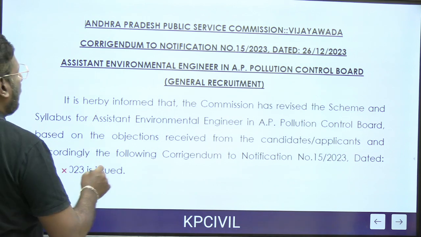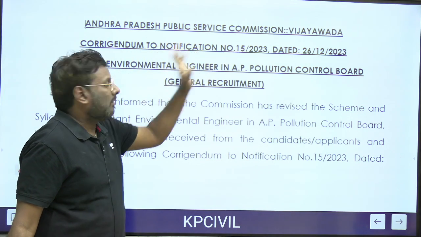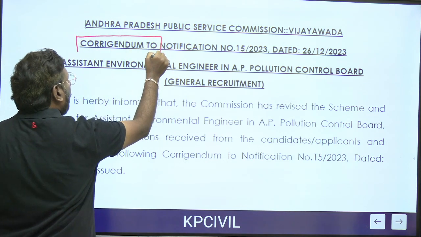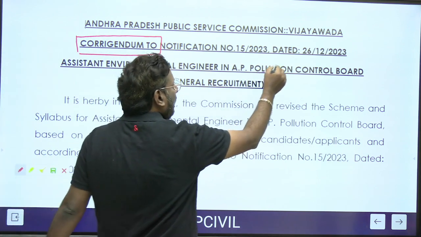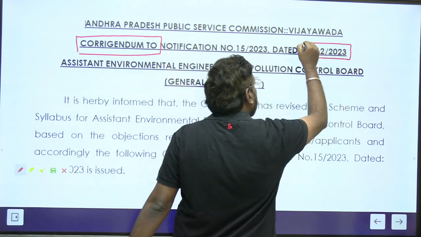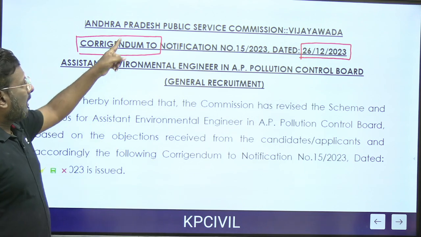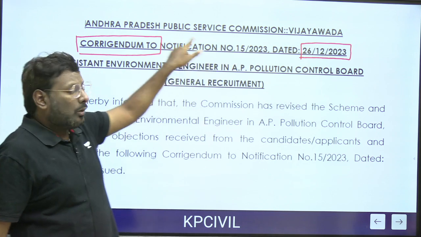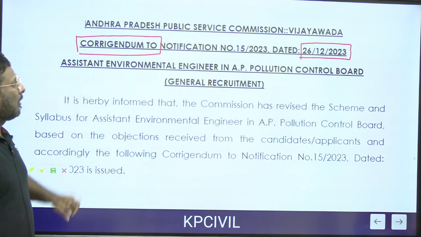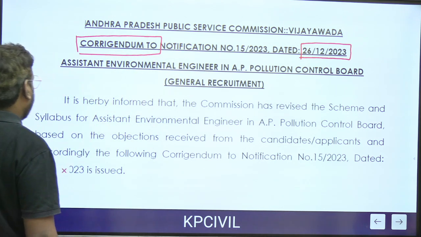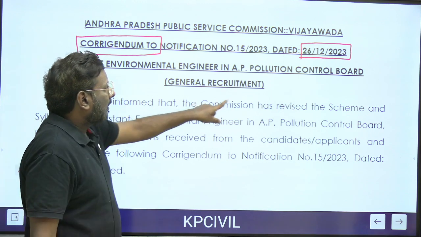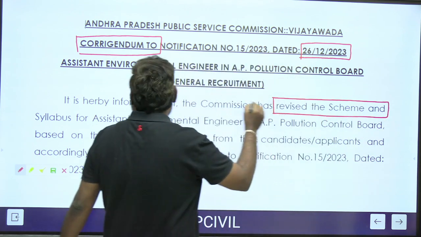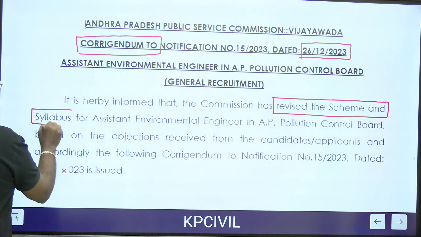This is the notice from Andhra Pradesh Public Service Commission, Vijayawada: Corrigendum 2. The original notification was released on 26th December, and to that original notification they have provided a revised corrigendum. It is hereby informed that the Commission has revised the scheme and syllabus both.